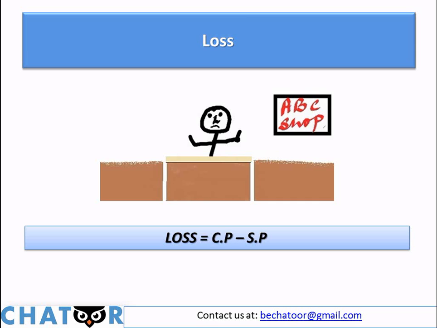For example, one of the shopkeepers that I knew about decided to stock one very well-known company's cell phone or mobile phone. And this shopkeeper thought that by stocking 10,000 units, he's going to make huge profits because that phone is going to sell like hotcakes. But as luck would have it, the phone company decided to come up with a new version within the next 2 months.